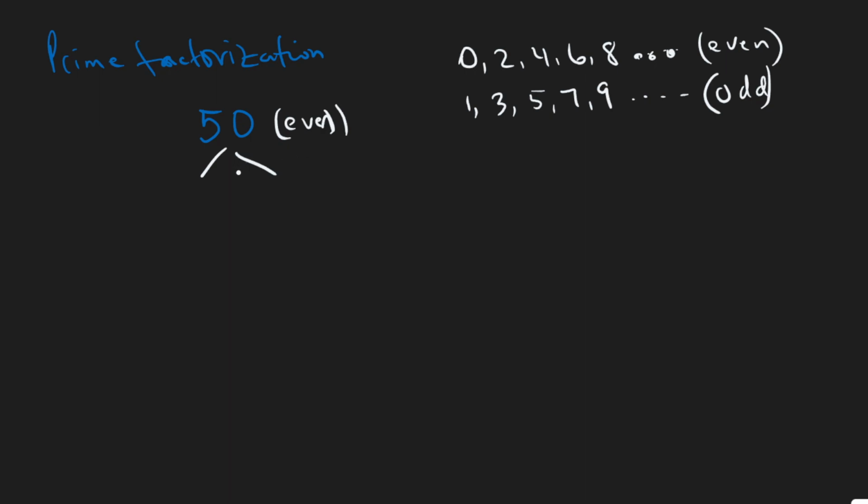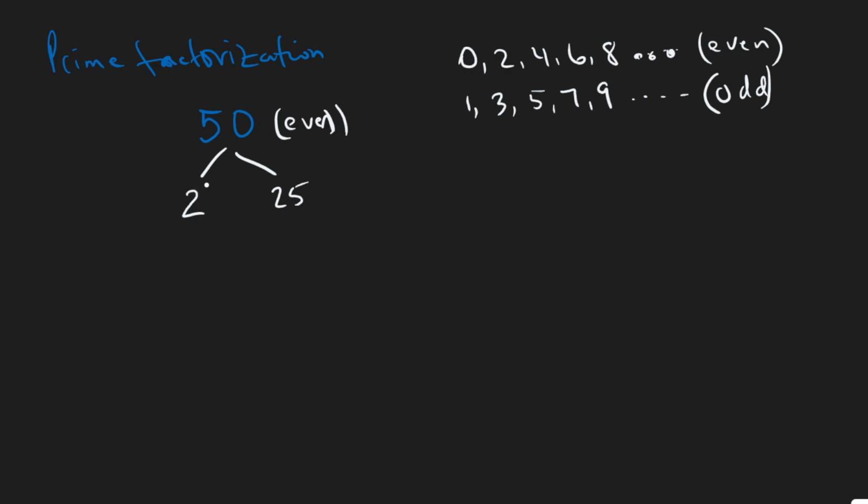Okay, so now let's go over here. We take 50 and divide it by 2, because whenever the number is even, you can divide it by 2. If you take your calculator and divide 50 by 2, you get 25. According to the definition of a prime number, 2 is a prime number.